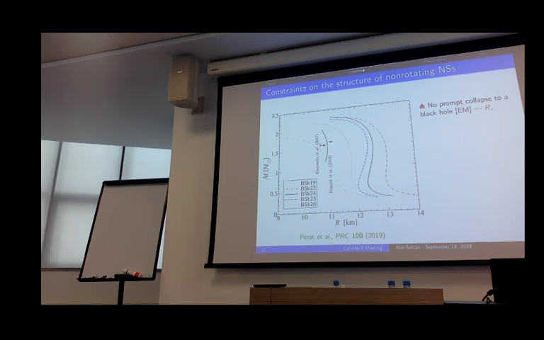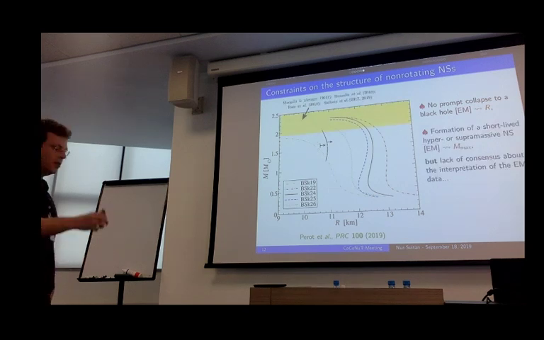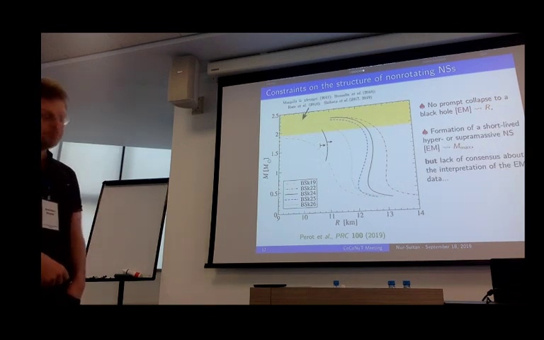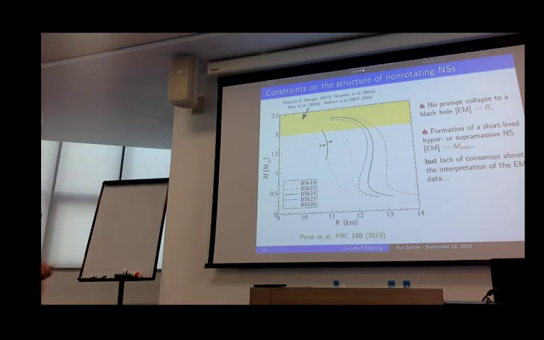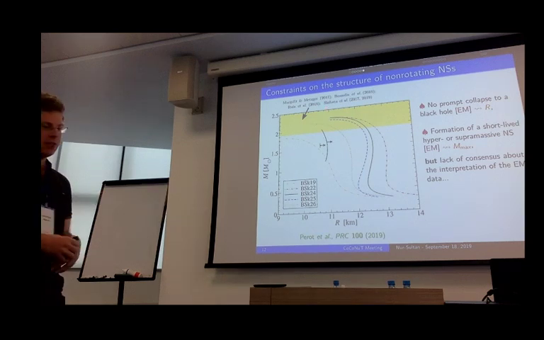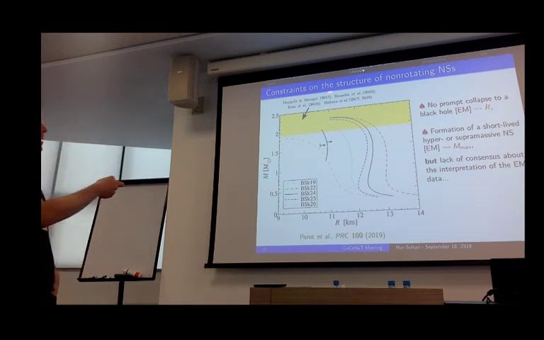Kokkotas. By using further assumptions on the lifetime of the remnant before it collapsed into a black hole, different constraints have been reached on the maximal mass of a non-rotating neutron star. Here I only plotted the conservative limits given by these different studies.